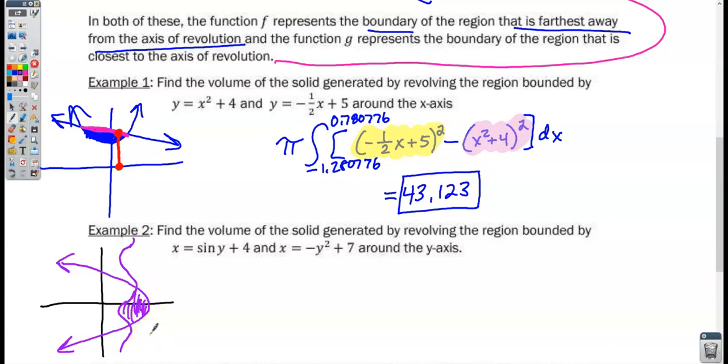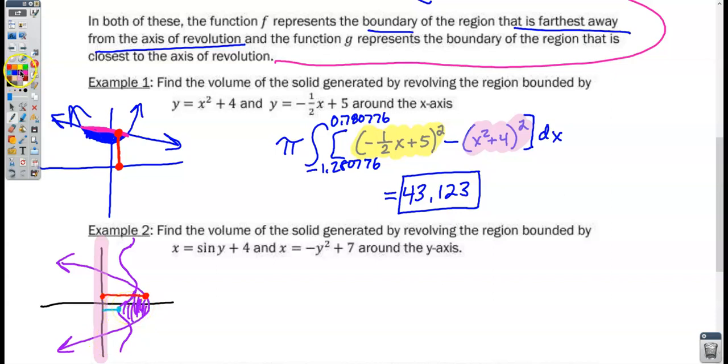But what I can tell from this sketch, in helping me get set up, is, number one, since we're going around the y-axis, this is a washer-based solid. Number two, the outer radius is the parabola, since that's further away from the axis of rotation, and the inner radius is the sine curve.